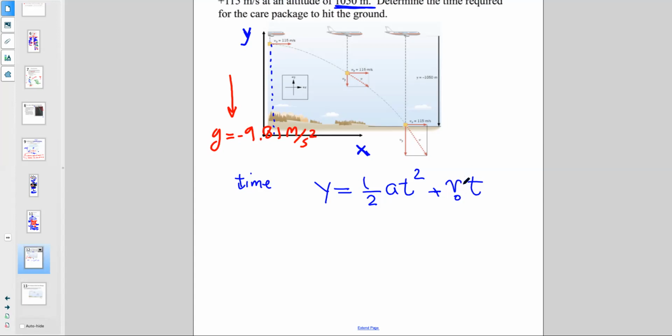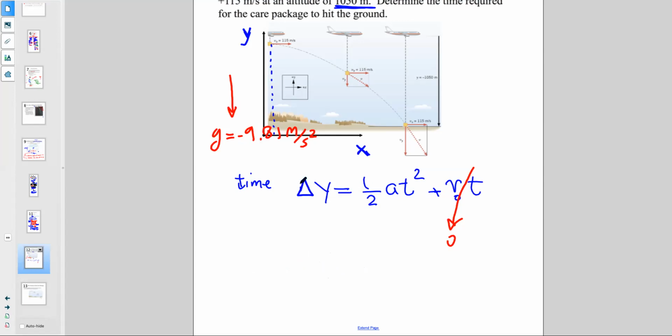And now let's put everything here. Initial velocity along the Y direction is 0 because it was just pushed horizontally, not vertically, from the airplane. So this guy is 0. What I'm dealing with is this Y, which is 1,050 meters above, equals half g, 9.81. If I want to write it more clearly, this is delta y, the change of height, or the displacement.